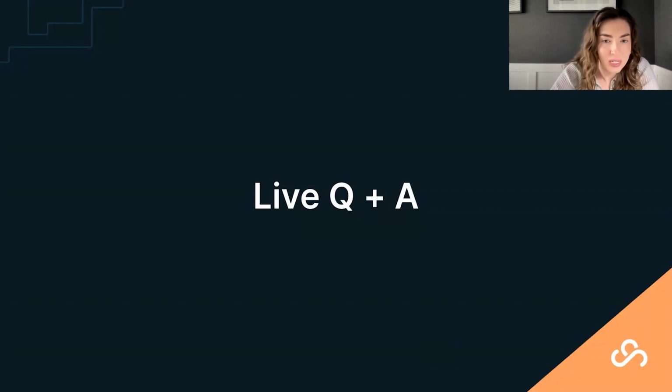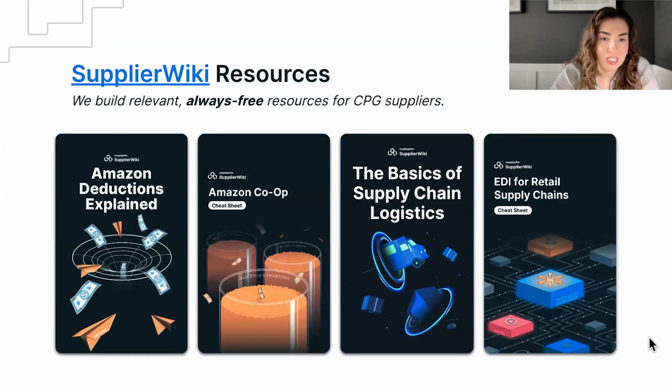I'm going to go ahead and transition us to the next slide. Sean covered just a portion of what we could get into today. We have a lot of content covering specifically Amazon content and some of the larger, broader topics like supply chain logistics or EDI.